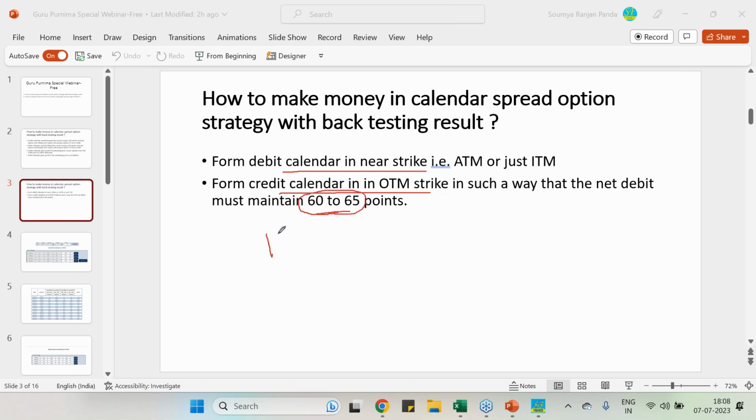If it is Bank Nifty, 110 to 150 point spread. Spread means difference.